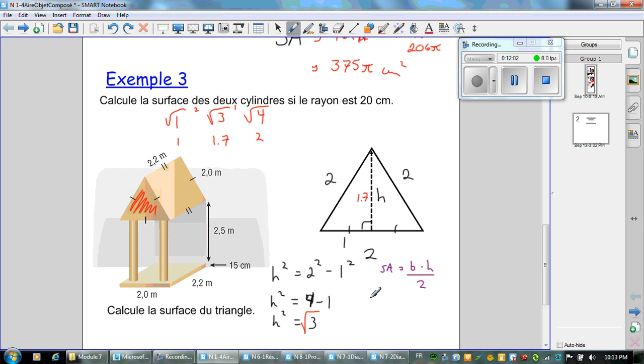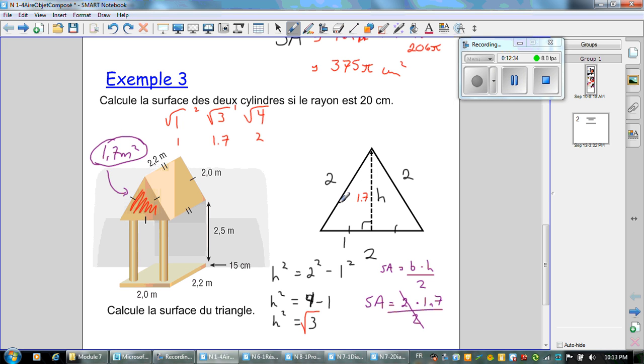The base is 2, multiplied by the height, which we just found, 1 and 7/10, divided by 2. Well, if we multiply by 2 and then divide by 2, these 2's are going to cancel out. So the surface area of this triangle right here would just be 1 and 7/10 meter squared.